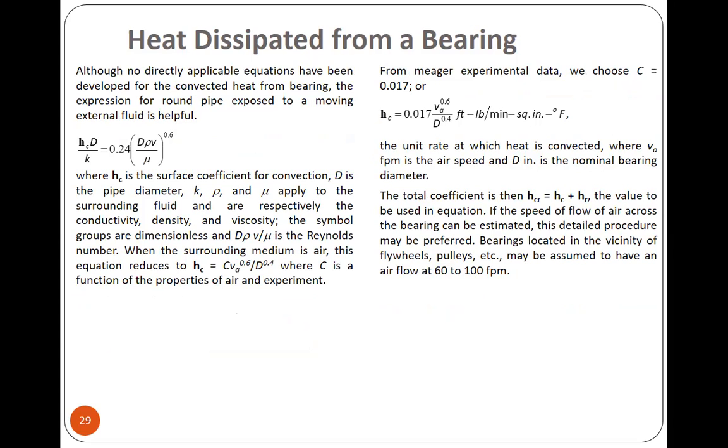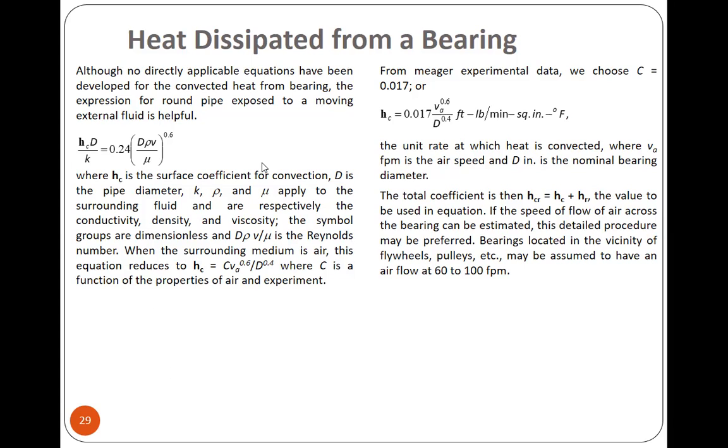Ito yung lang method. Where H sub C is the surface coefficient for convection, D is the pipe diameter, K, rho, and mu applied to surrounding fluid and are respectively the conductivity, density, and viscosity. The symbol group are dimensionless, and D rho V over mu is the Reynolds number.